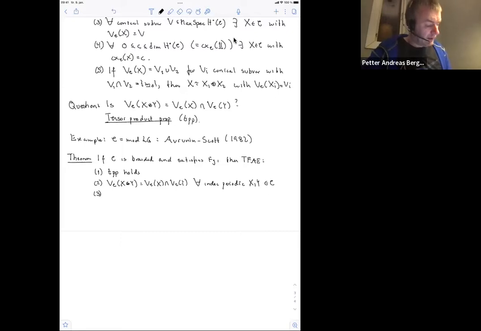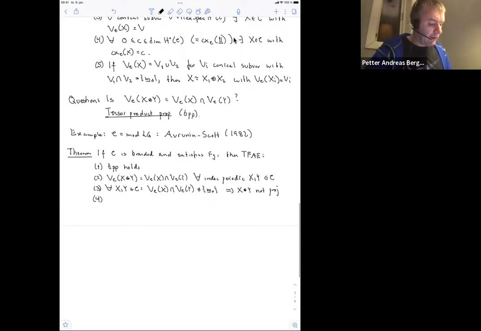And this is again equivalent to the following. Whenever you take two objects, X and Y, if the intersection of the support varieties is not trivial, then the tensor product is not projective. This again is equivalent to the same statement, but where you only consider indecomposable periodic objects.